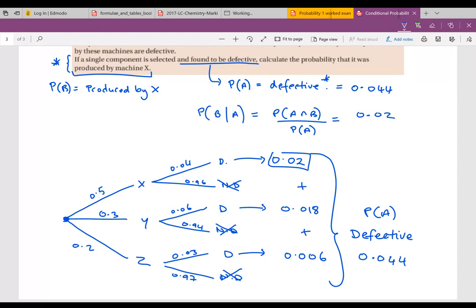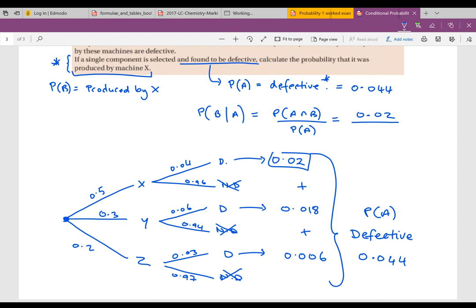If you don't understand that, go back a little bit and make sure you understand where I'm getting the 0.02, because A intersection B means it is defective and by X. Don't get that confused with the conditional probability. The conditional probability means you pick up a device, it is defective, and you want to know the probability that it came from X.